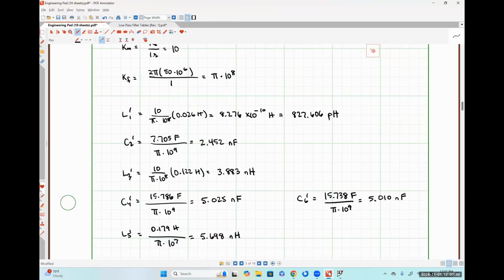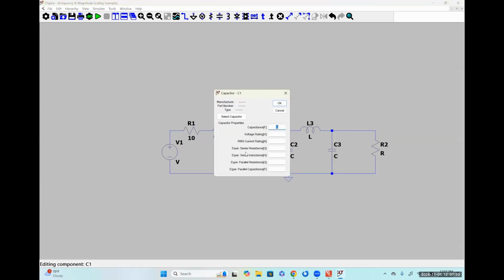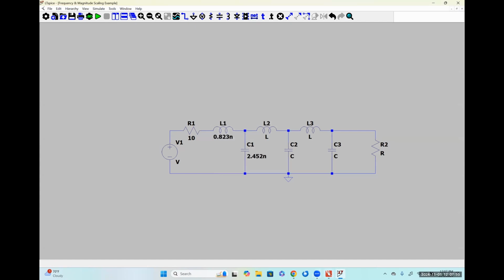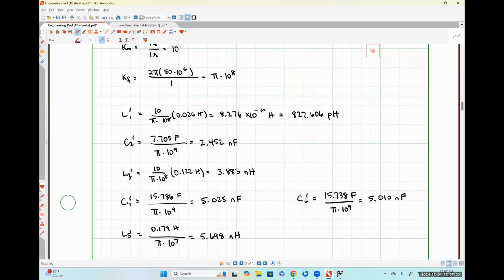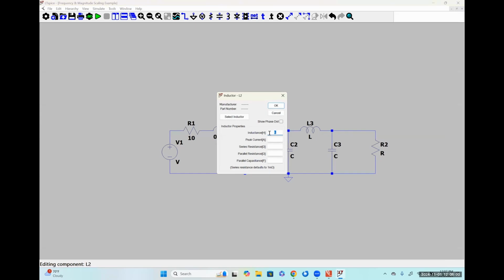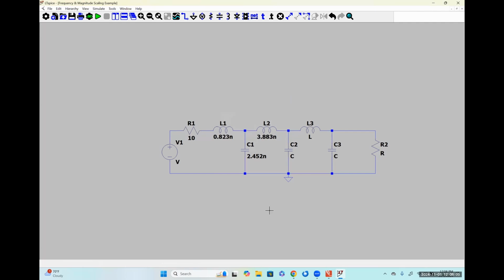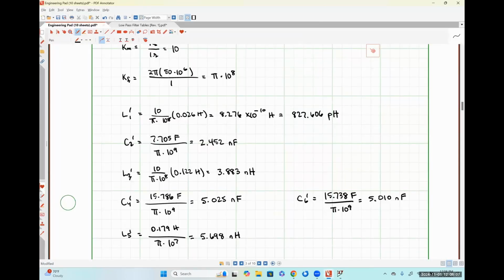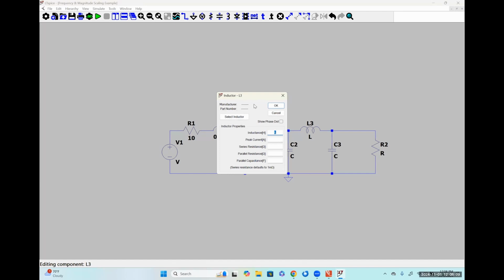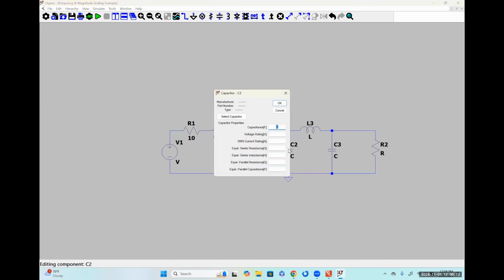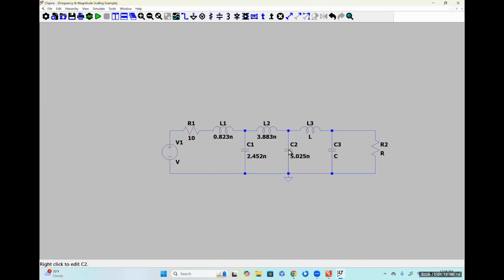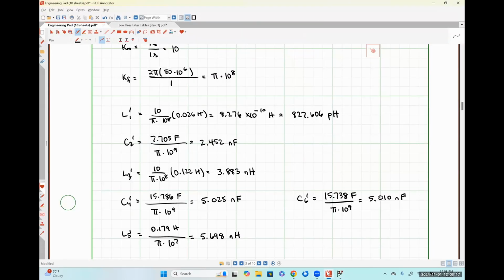C1, or excuse me, C2, 2.452 nano. .883 nano. .025 nano. 5.698 nano.